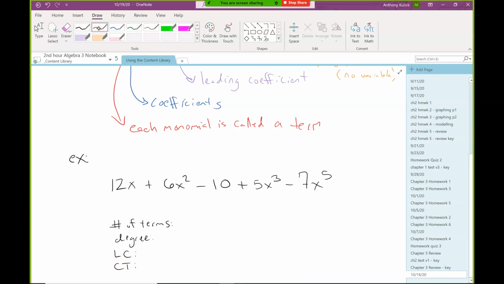Okay, so let's say we have this polynomial here, 12x plus 6x squared minus 10 plus 5x cubed minus 7x to the fifth. And I'm going to ask for the number of terms, the degree, the leading coefficient, and the constant term, so LC, leading coefficient, CT, constant term. Is everybody okay there?